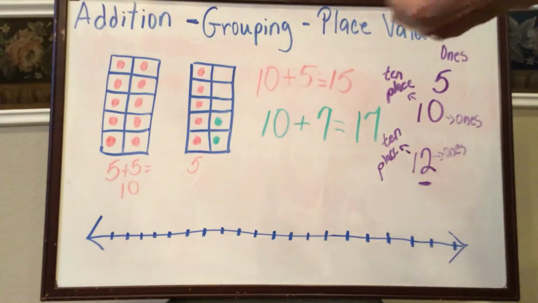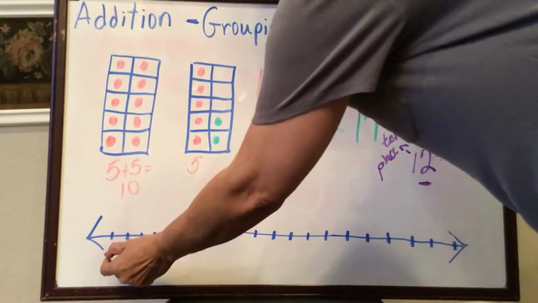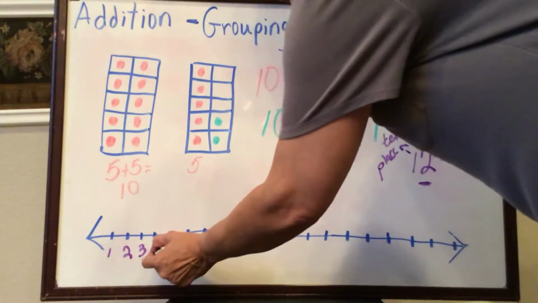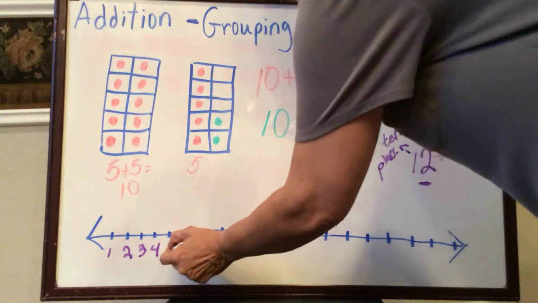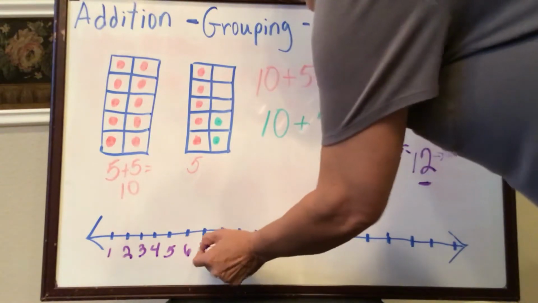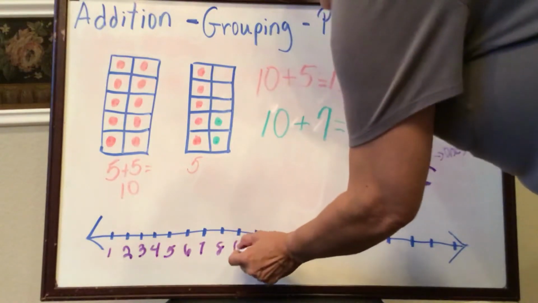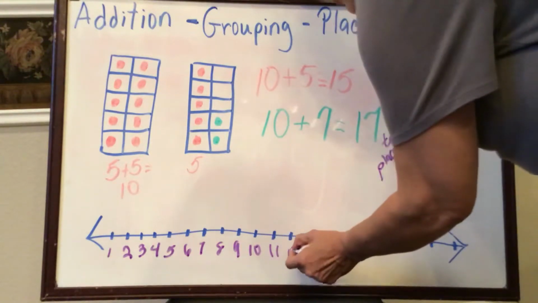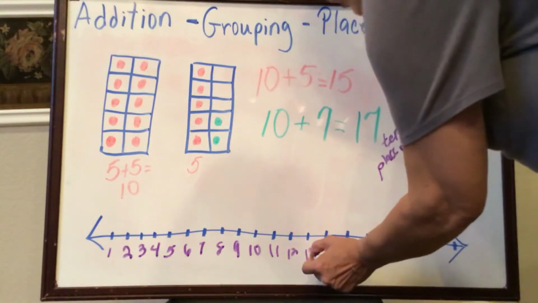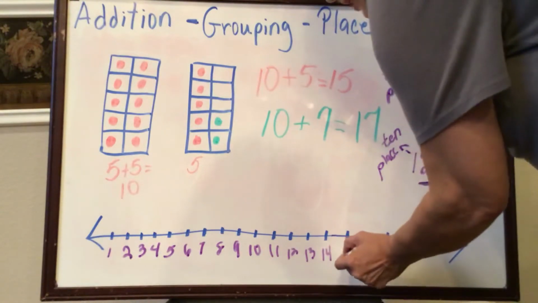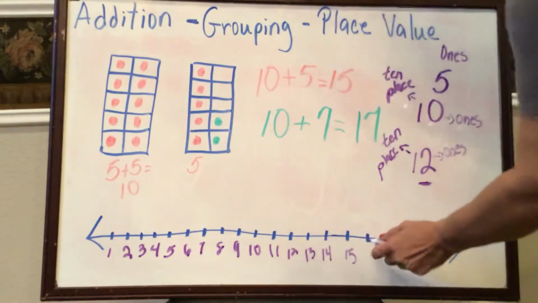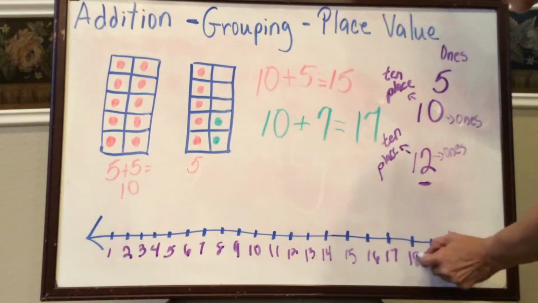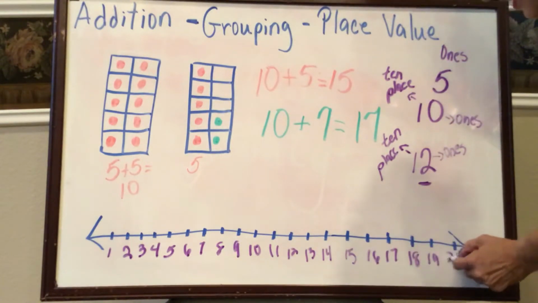And let me put some numbers here so you can see. 1, 2, 3, 4, 5, 6, 7, 8, 9, 10, 11, 12, 13, 14, 15, 16, 17, 18, 19, and 20.